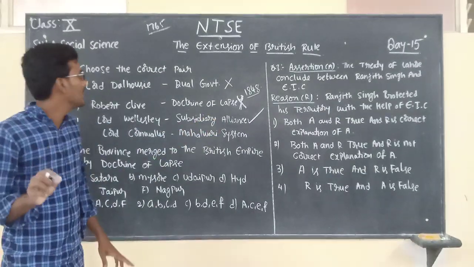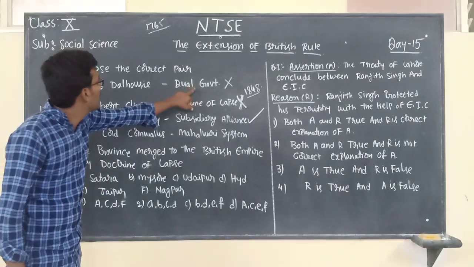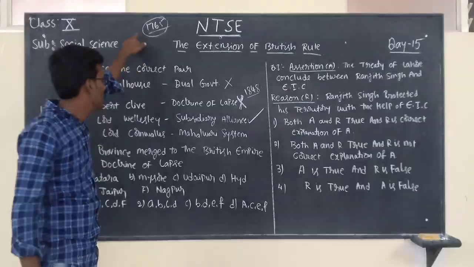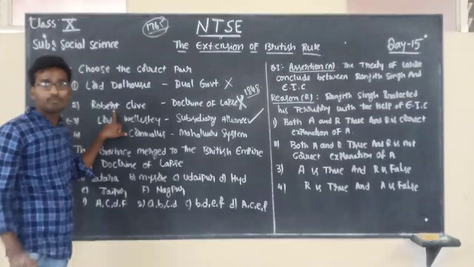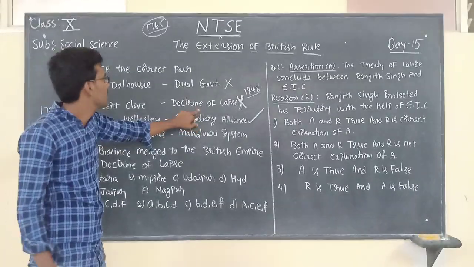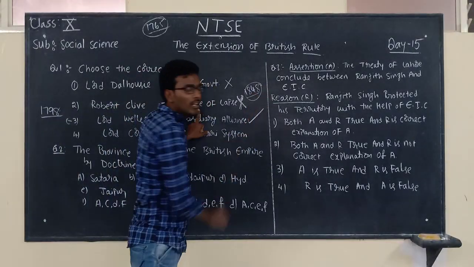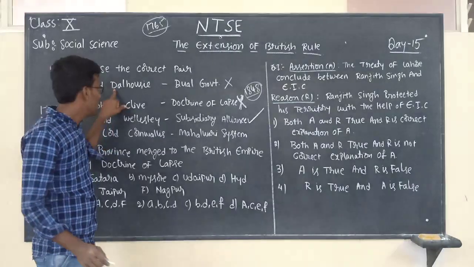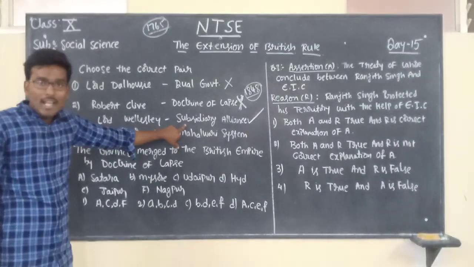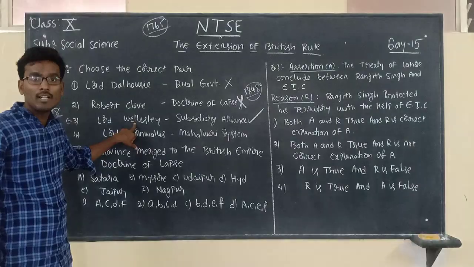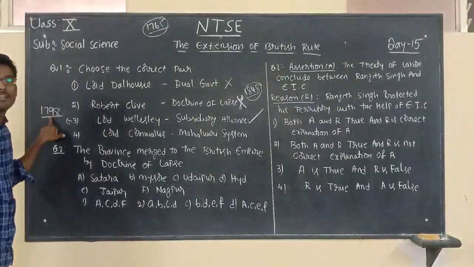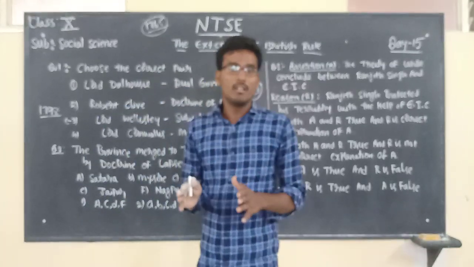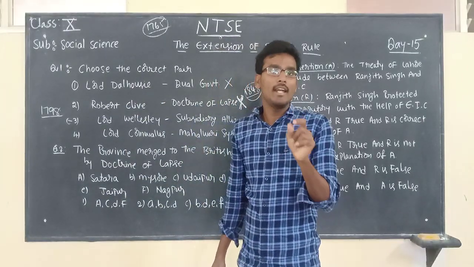The years I have mentioned here, look at the things carefully. Dual government was implemented in 1765 by whom? Robert Clive. And the doctrine of lapse was introduced in the year 1848. Who introduced it? Lord Dalhousie. And after that, the subsidiary alliance was introduced by Lord Wellesley. In which year? 1798. So this type of question, this is the way to give the answer, this is the way to identify the right answer.